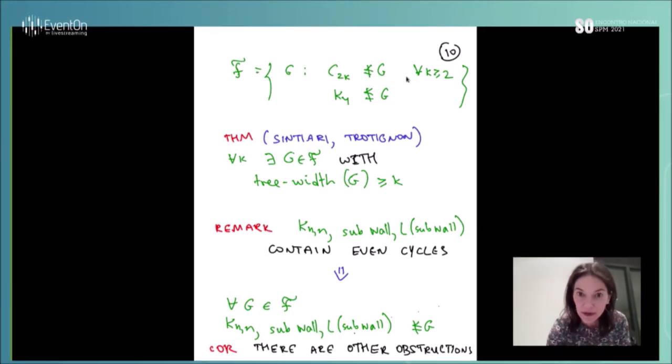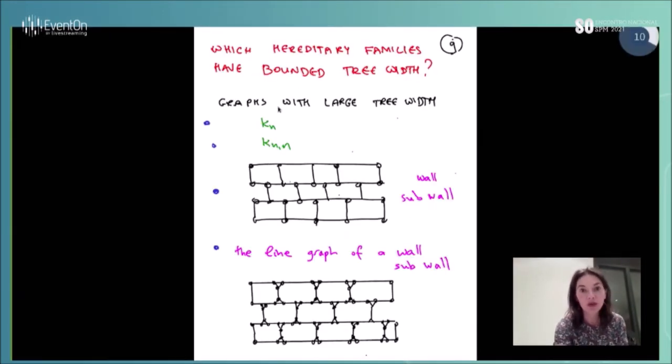Well, the reason it's bad is because if you look here, no K4, this is satisfied. K2,2 is just another way to describe a cycle of length 4, so that's forbidden. And it's a little harder to see, but it's not hard if you know what you're looking for, to prove that a wall subdivision and a line graph of a wall subdivision contain induced cycles of even length.